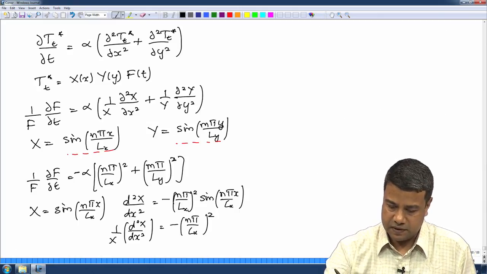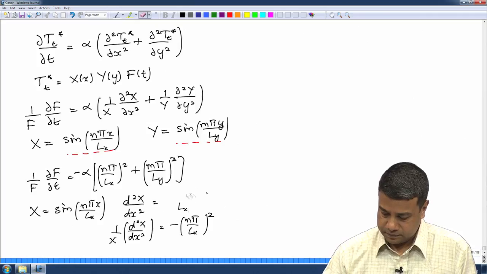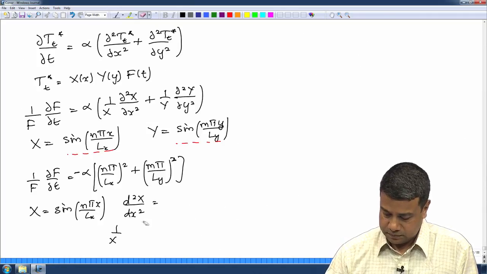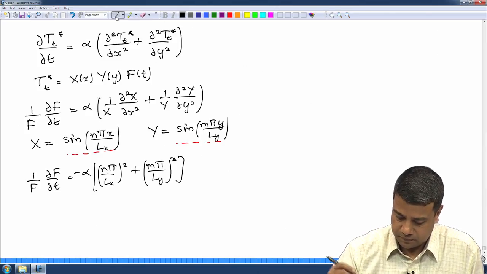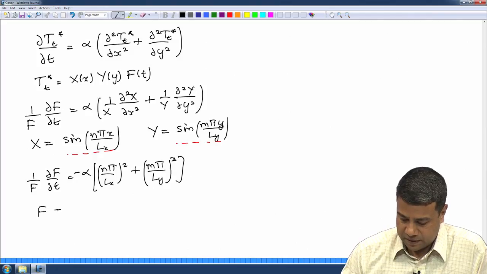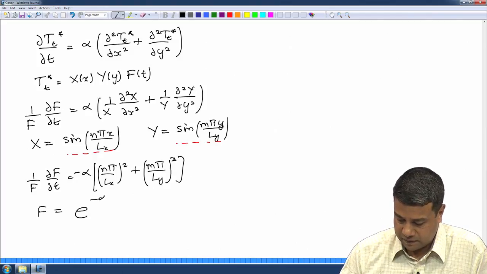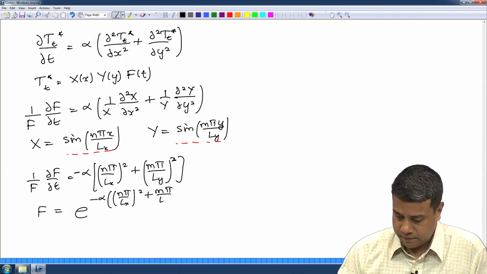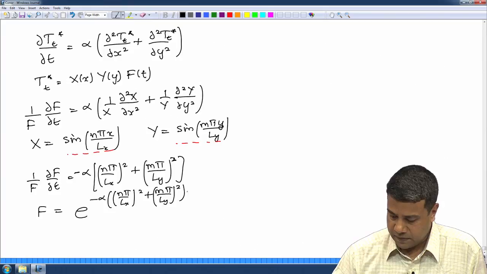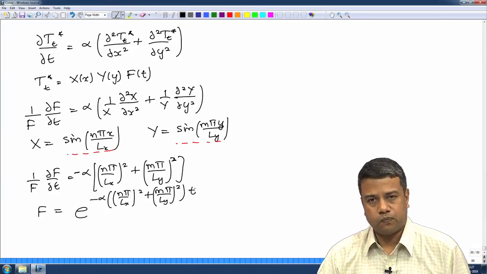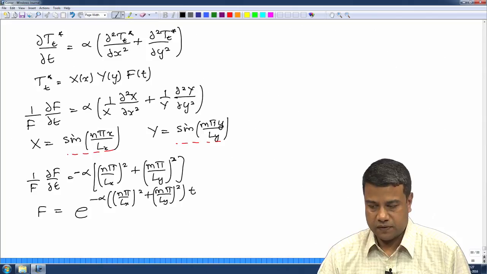This is a property of the sine function. And with that, I will get f is equal to e power minus alpha times the constant into t. So, that is going to be the solution for f.